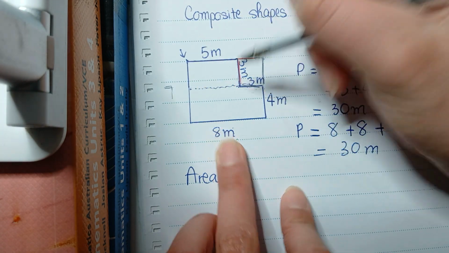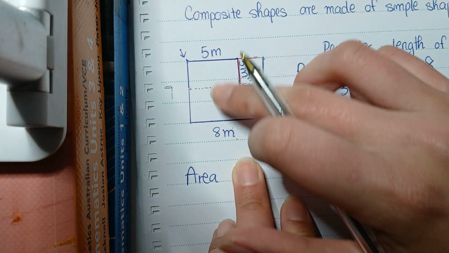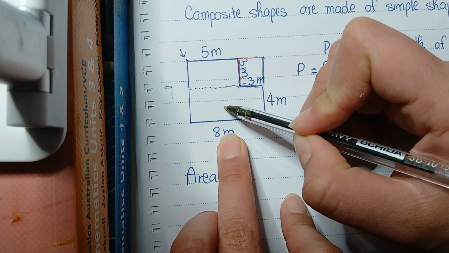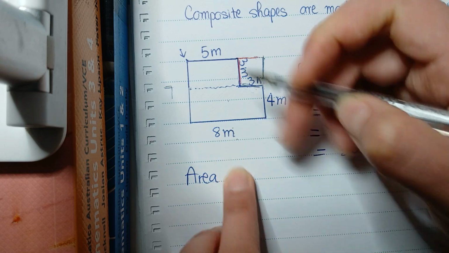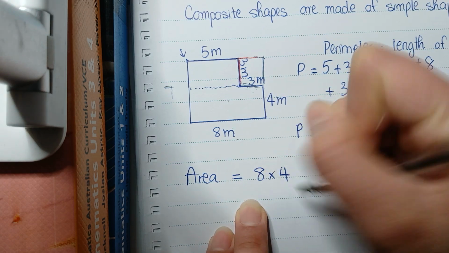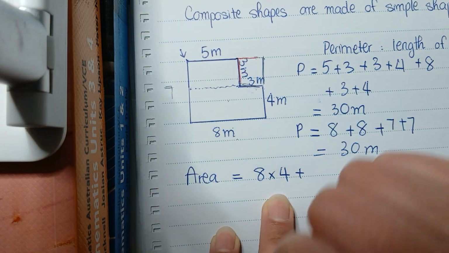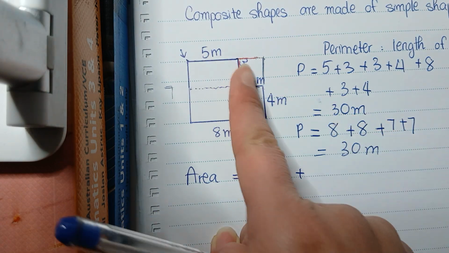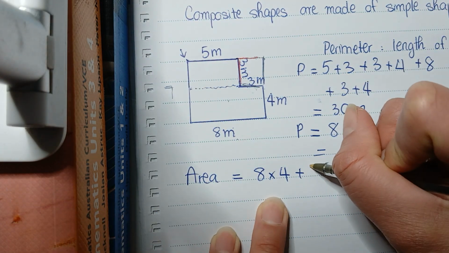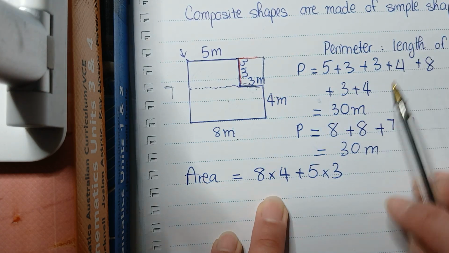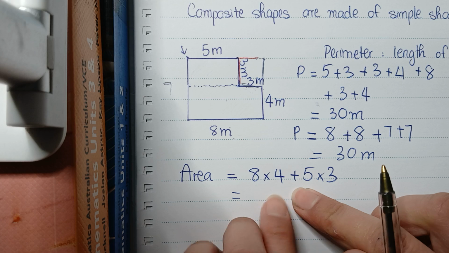Okay, now we have two smaller rectangles. Now let's work out the area of the bigger rectangle, which is A times 4. You see, A times 4 plus the smaller rectangle with the dimensions of 5 and 3, which is 5 times 3. Now you can find the area of the whole composite shape by adding them up.